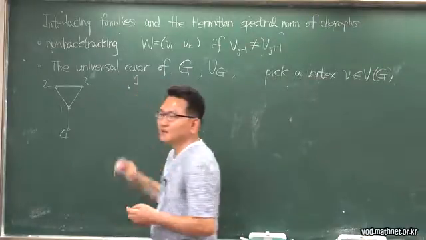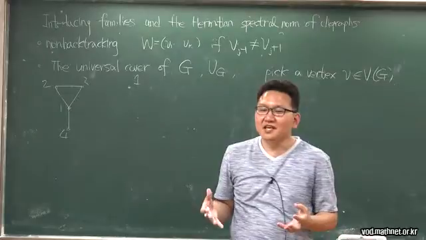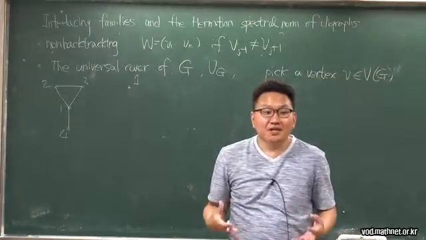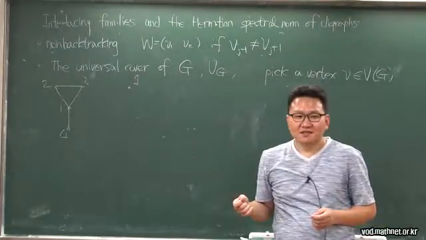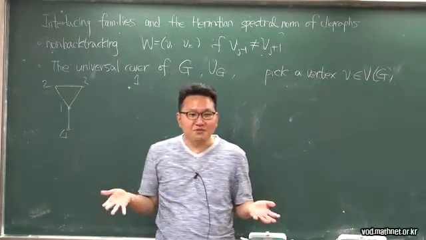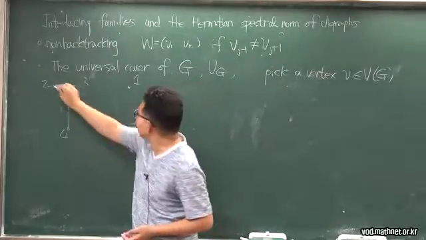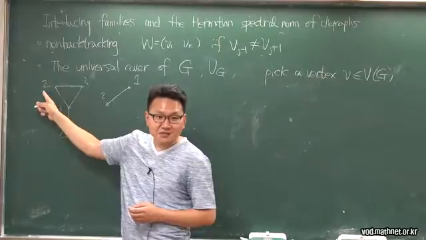Okay, one. The vertex set of the universal cover is the set of non-backtracking walks starting from the vertex v. So here, 1 is just also a non-backtracking walk. And then you can go this way, 2. This is also non-backtracking, right?